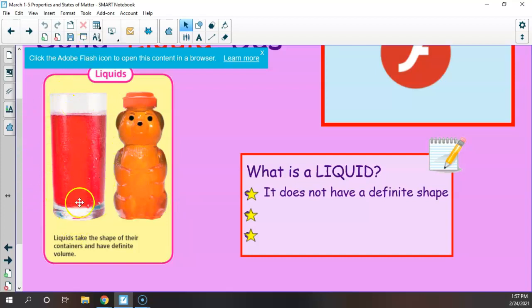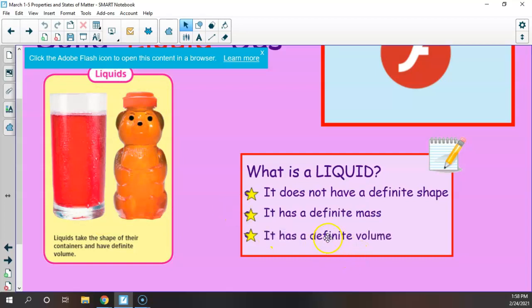So this, let's say Kool-Aid over here, isn't really in a cylinder shape all the time, only if I put it in a cylinder. So a liquid does not have a definite shape. It takes the shape of its container. But it does have a definite mass. So no matter if I pour this Kool-Aid into this cylinder or a honey bear container, it's still going to have the same amount of mass.